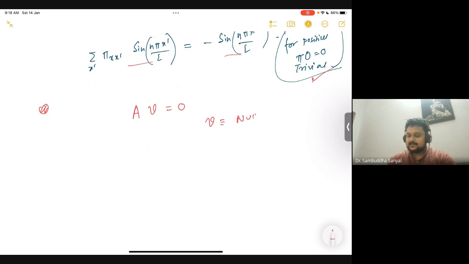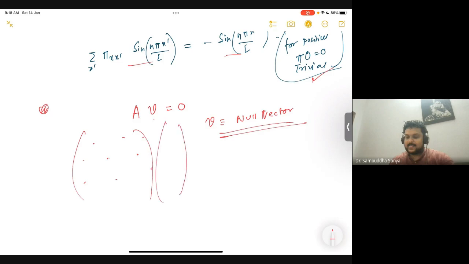This is what you probably learned in mathematical physics, that there is a rank-nullity theorem that tells you the rank plus the nullity of a matrix should sum to the dimension. You can try it with some matrix, find the null vector, and you will find that this null vector could be something non-trivial. So a null vector is something that satisfies this zero eigenvalue equation, which means zero times that vector.